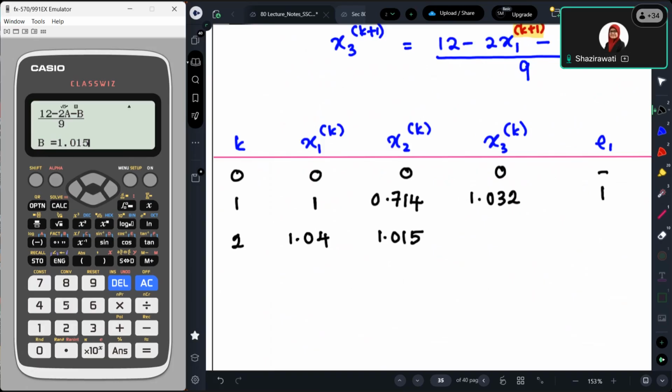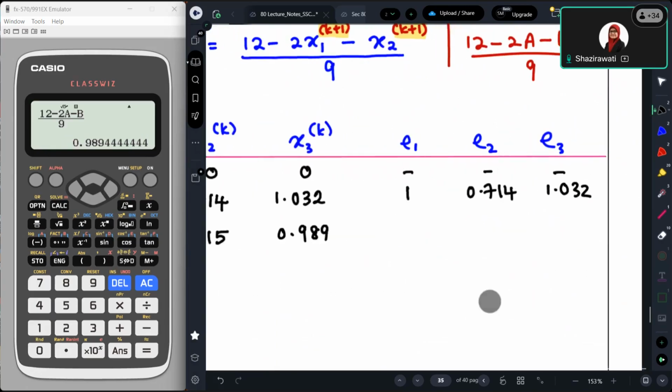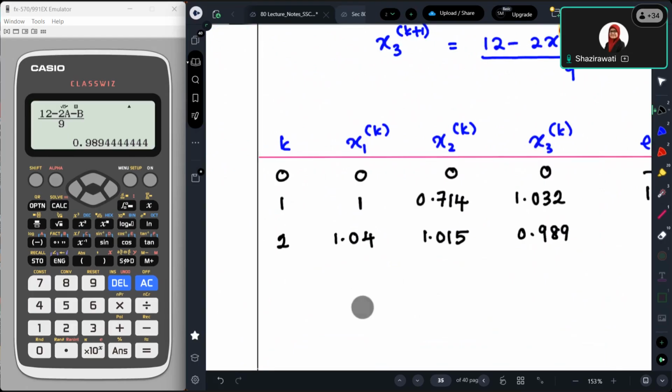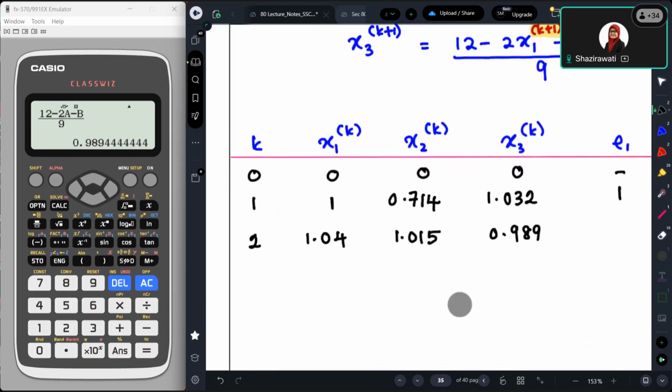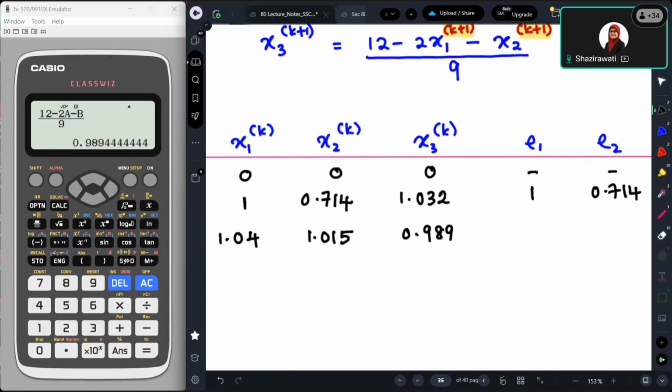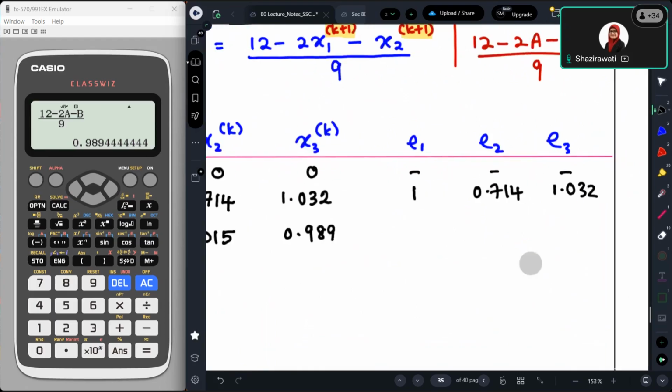Okay, so you tengok table je. Okay, whenever value tu dah ada, you terus pakai. Kalau tak ada, means you pakai the previous value. Okay, previous iteration. So that 0.989. Okay, so yang error ni, kalau you nampak, you congak dalam kepala pun, you nampak 1.04 minus 1. Okay, kalau you congak tu, masih you tengok ada yang lebih besar, maksimum dia lebih besar, you tak perlu isi kat sini pun tak apa.